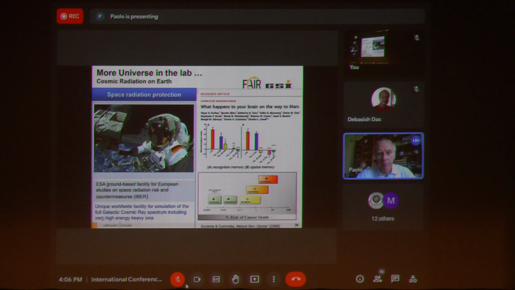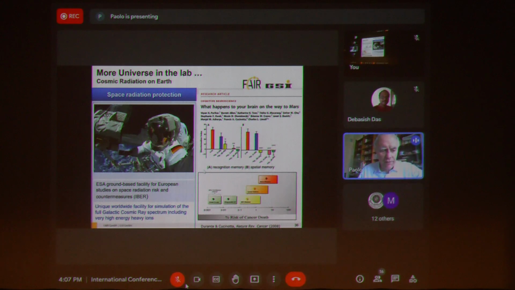And then we have a problem: one of the limiting factors is the presence of radiation that affects materials, affects electronics, and affects humans. And humans at a very extreme level, with considerable risk of cancer, even considerable risk of loss of cognitive capabilities. All this is possible to study and then develop mitigating measures.